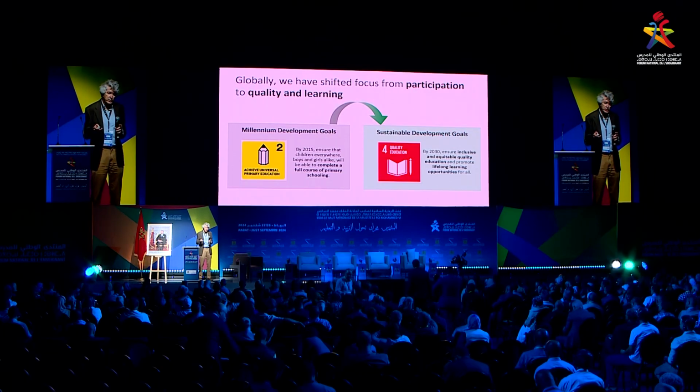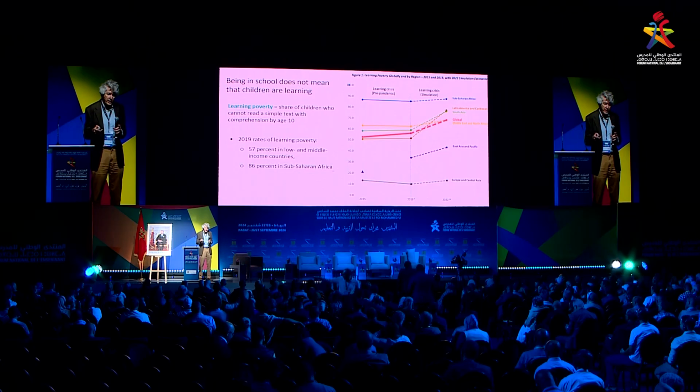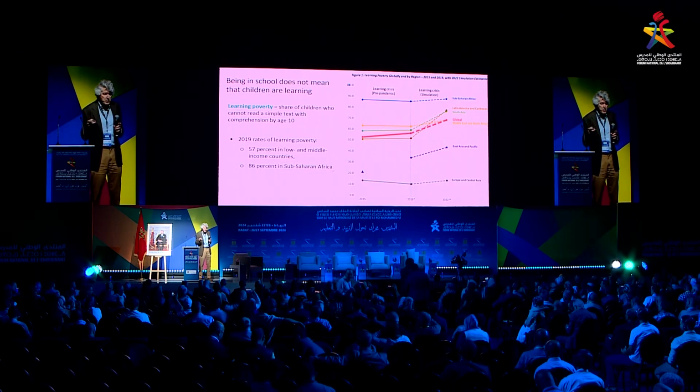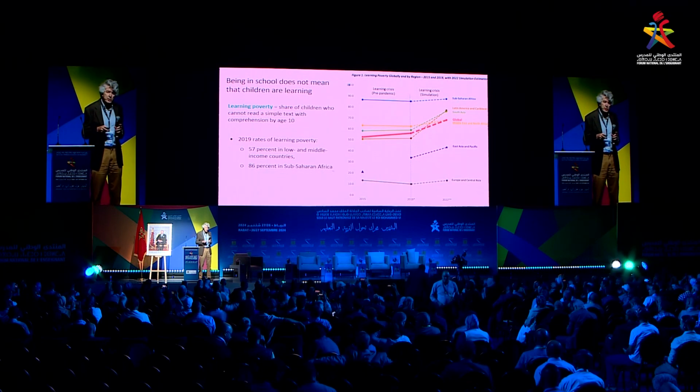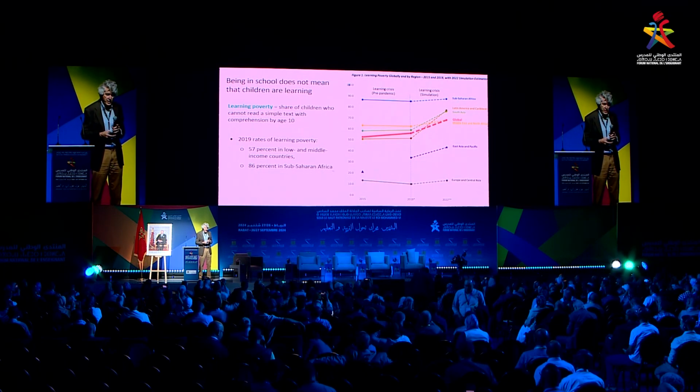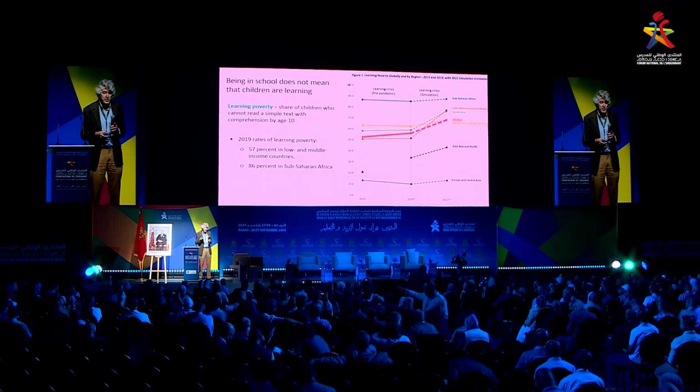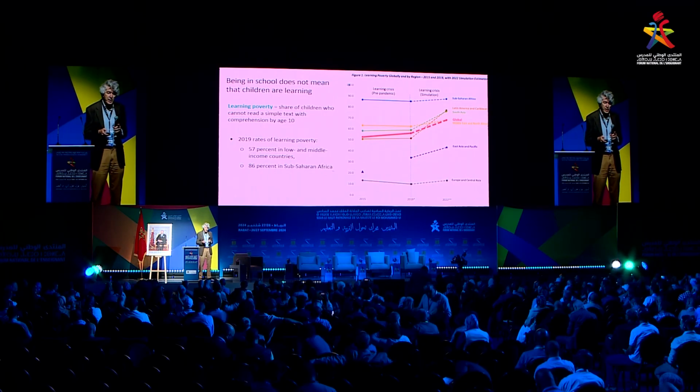Now, by 2015, some countries made that, others did not, but the new thing now is the Sustainable Development Goals, or the SDGs, and these get at the point that we really need to make sure that students are actually learning something when they're in school, because let me show you the next graph. There's something we can call learning poverty, which is how many children by age 10 are unable to read a very simple text. Unfortunately, in many low-income and middle-income countries, it's very high.